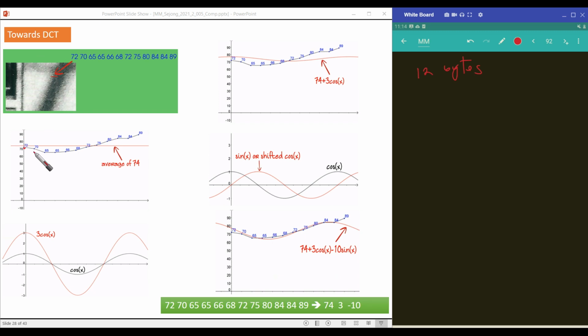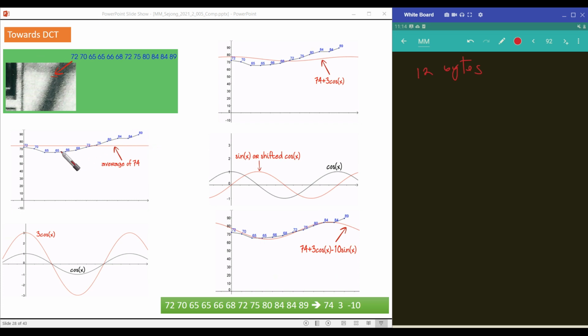The next number is 70, then 65, then 65, and so on up to 89. If you draw a line passing through these points, we can see a zigzag line.